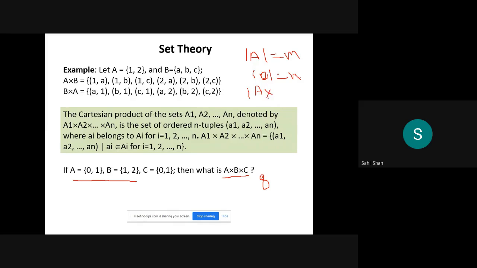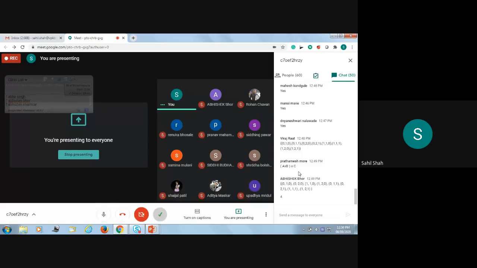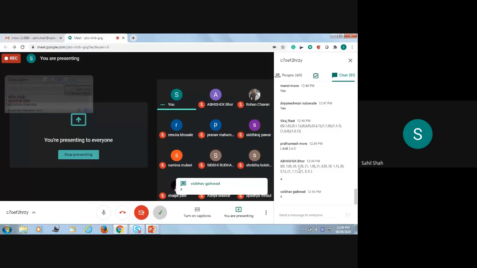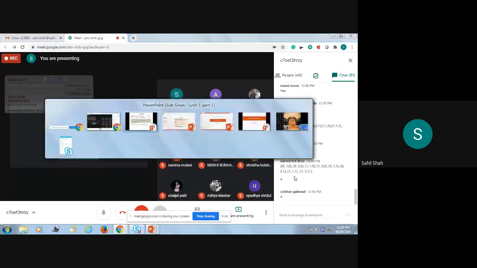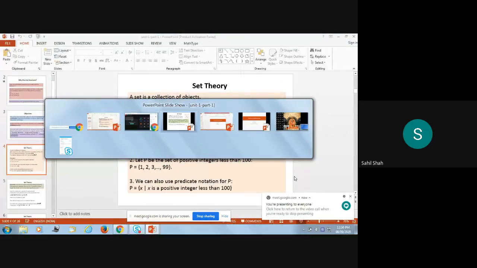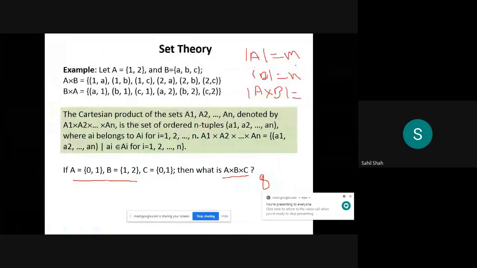How many will I have in A cross B? Vaibhav is saying 4. Where 4? In A cross B. Okay. Now I am asking this in general, Vaibhav. If A has M elements and B has N elements, how many will we have in A cross B? That is my question.